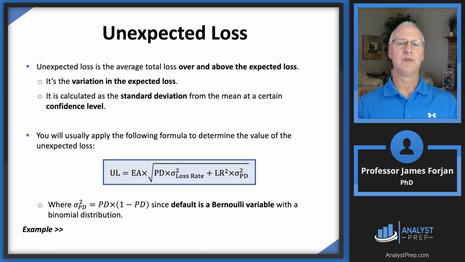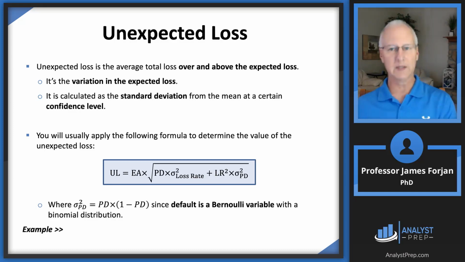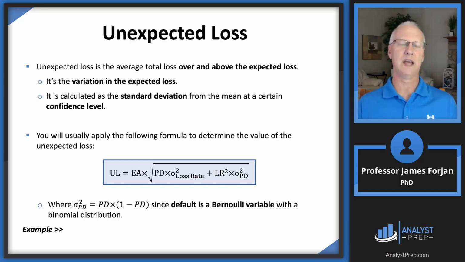Now, remember I said a few slides ago, this unexpected loss is going to be some deviation from the expected loss. So unexpected loss is the average total loss over and above the expected loss. It's the variation. And so, of course, you should be thinking that we're going to use standard deviation as our measure of volatility. And so there's a good formula for you to know.